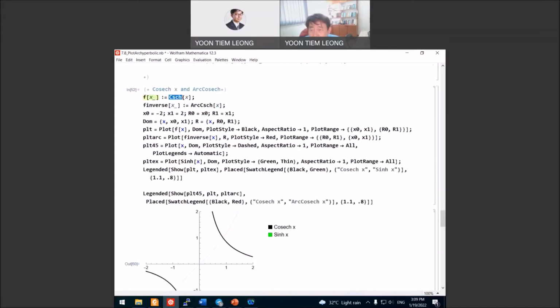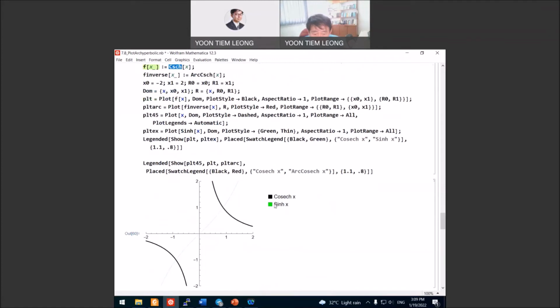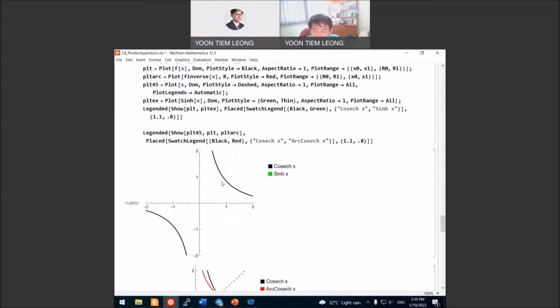The hyperbolic cosecant function is just 1 over hyperbolic sine. The green color is the hyperbolic sine, so if you take the reciprocal of it, you get two graphs: this is the graph of hyperbolic cosecant when x is positive, and this is when x is negative.